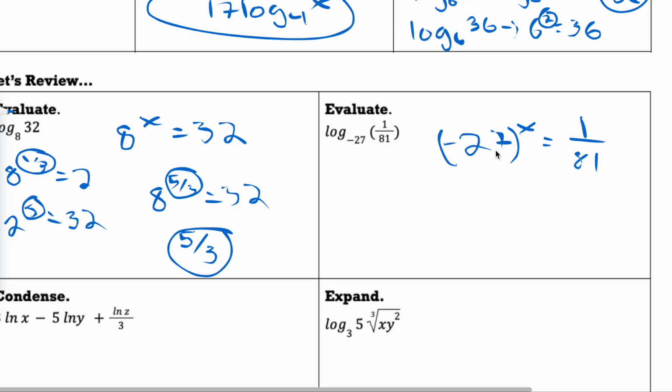So how do I get from, I'm going to disregard all the negatives, all the fractions, how do I get from 27 to 81? I think we did something like this before, but we do 27 to the 1/3 power equals 3, right? We break it down into 3, and then we build that back up. If we see before, 3 to the 4th power, my bad.